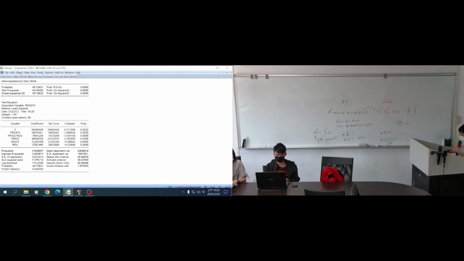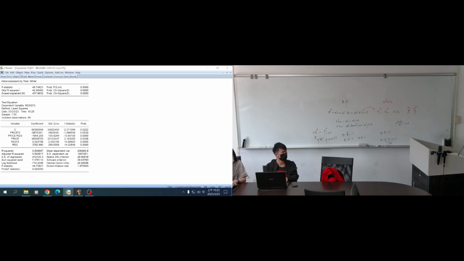Look at the top, the title: heteroscedasticity test, White. Now look at this output. I have x1, x2, then I have square terms plus the product terms.